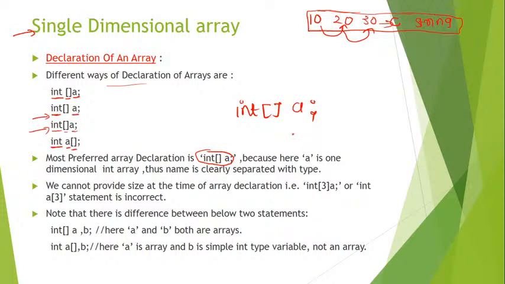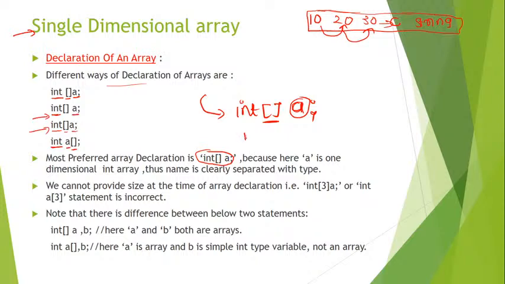The next thing is, when you are declaring the array, you cannot define the size. Declaration, instantiation and creation are different things. When you are declaring, you are declaring one array with the name a, and you haven't defined the size. When you are creating, that time we have to define the size.